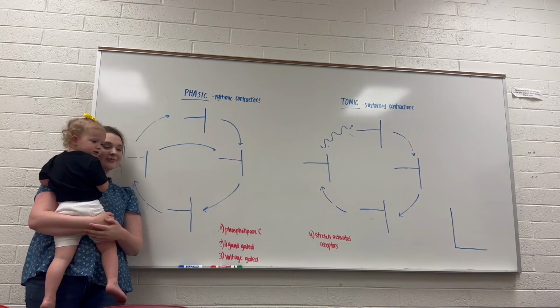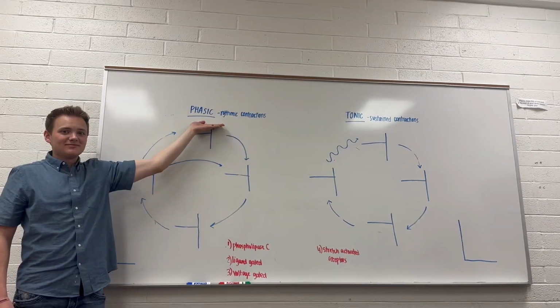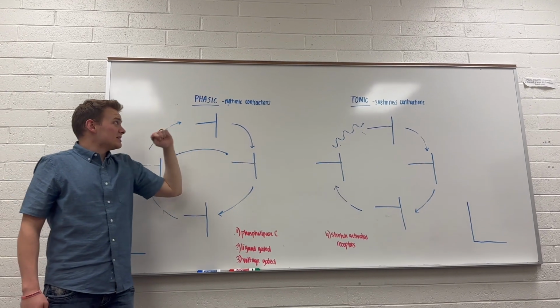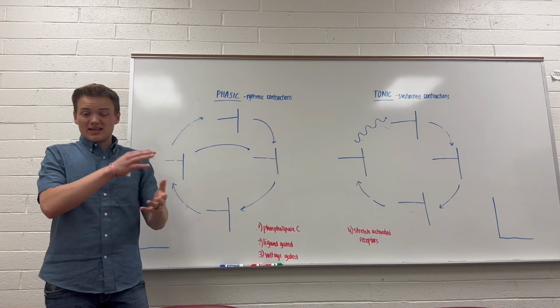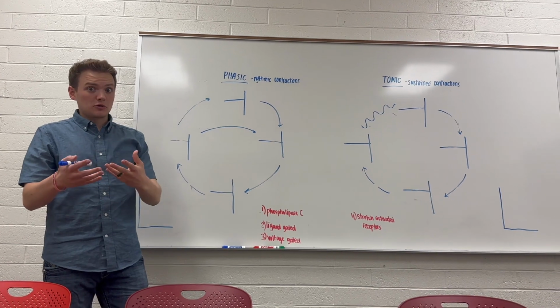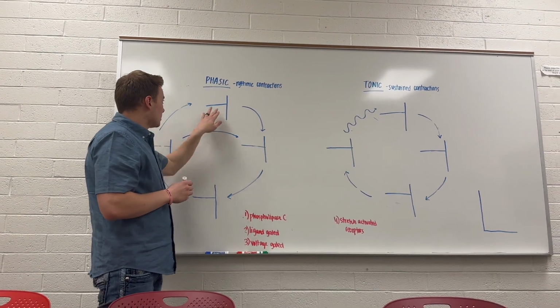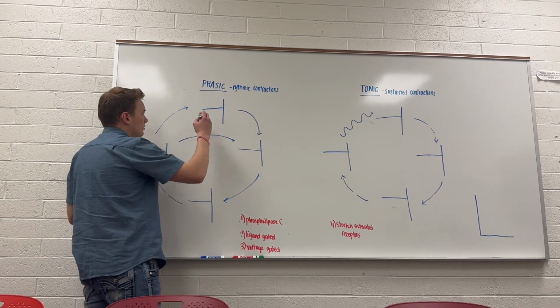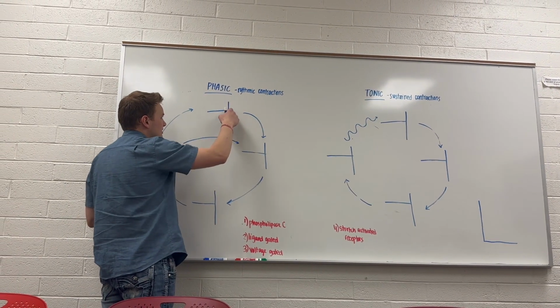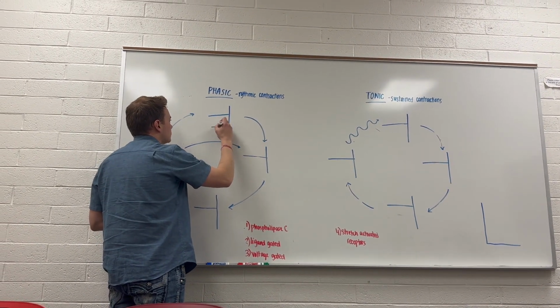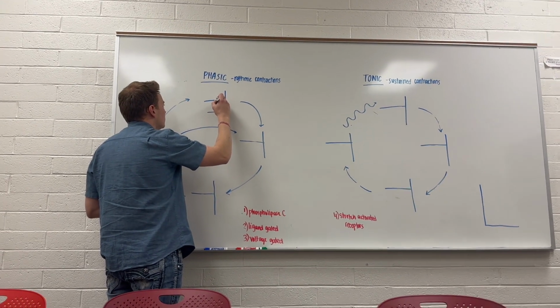Alright, so here we have our 2 different contraction cycles. This one we call phasic. So phasic contractions, we call them phasic because they exist in two different phases frequently, contracted and uncontracted. So starting over here, this is our actin Z-line filament, and then this is what we're going to call our myosin filament.